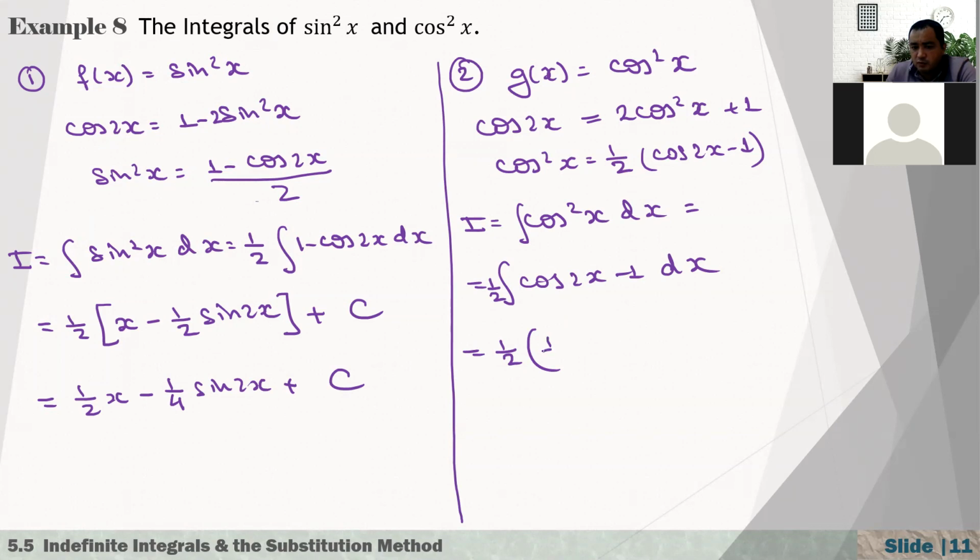That is sine, right? 1 over 2 sine of 2x plus x, and here we have the constant. Or if you remove the brackets, we have 1 over 4 sine of 2x plus 1 over 2 x plus C.